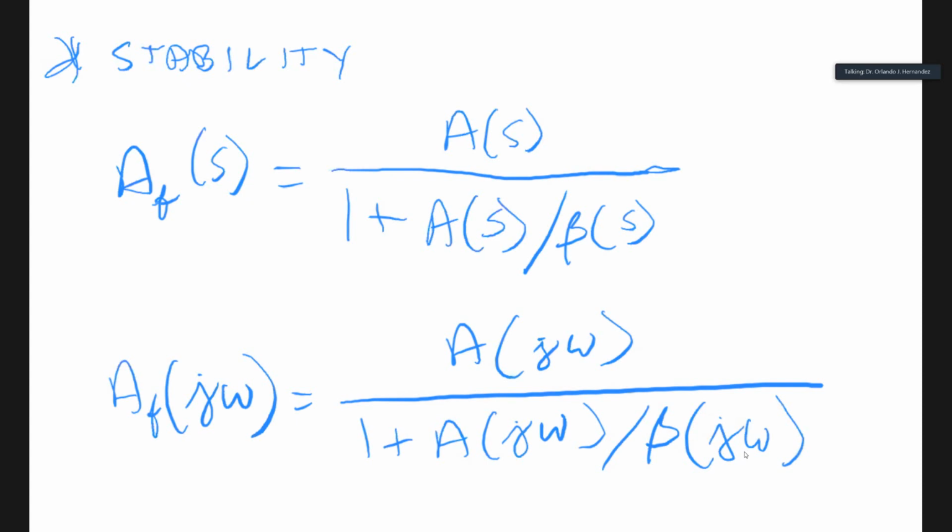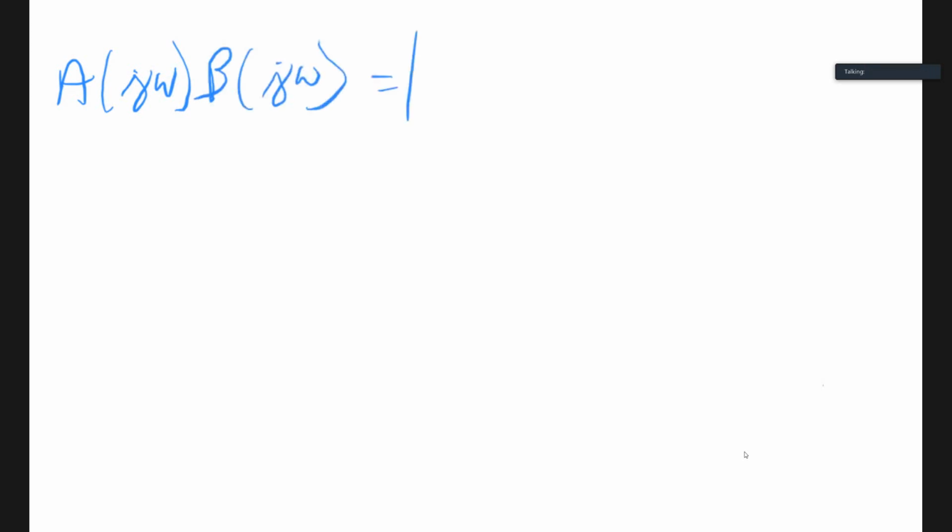Okay, it's all the same. We're just expressing it as a complex quantity, but we still have the all important loop bandwidth. So in this case, that would be the A times the beta, which would be the magnitude of A j omega.